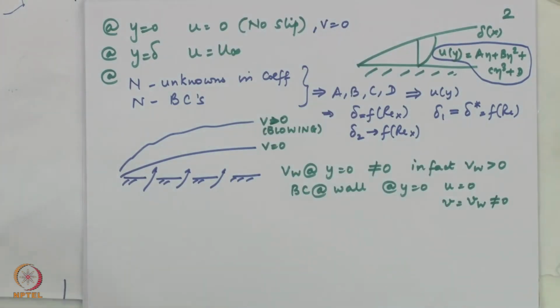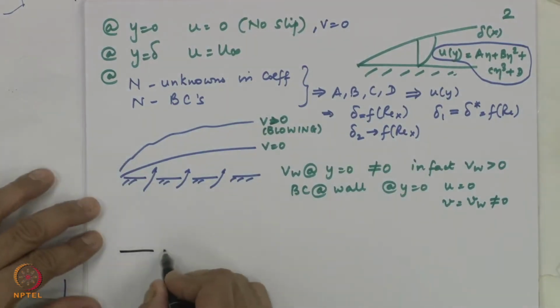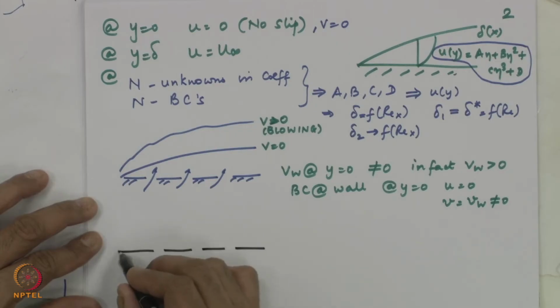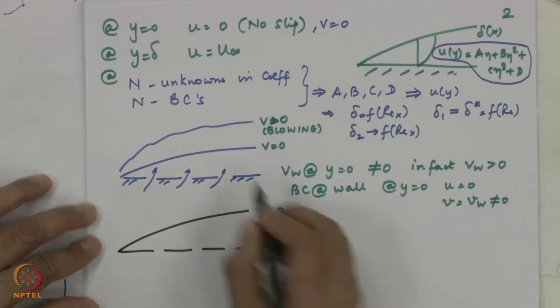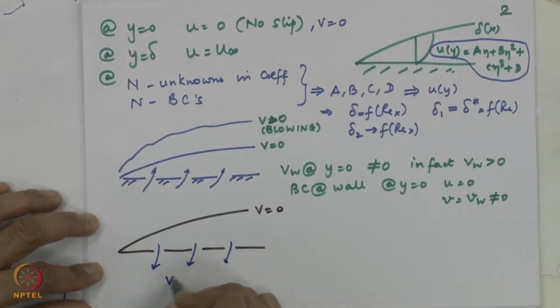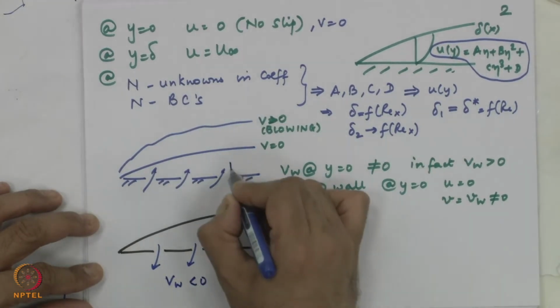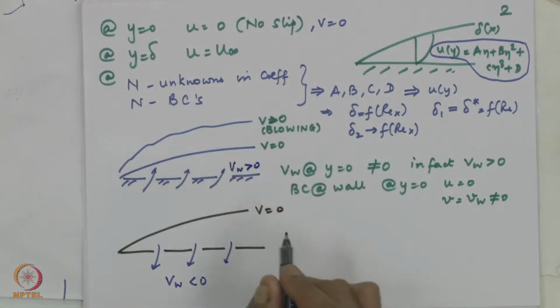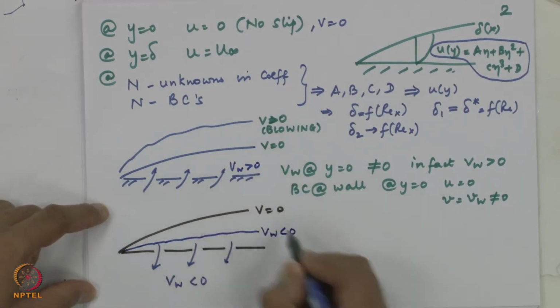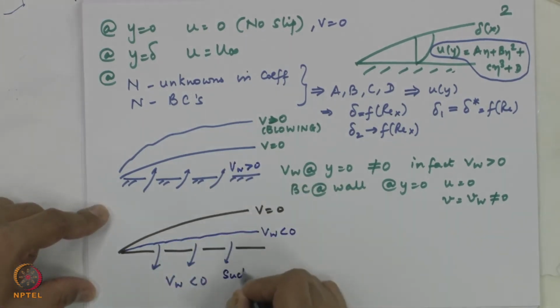Suppose I have a problem where I want to reduce the boundary layer growth, I want to reduce the resistance to heat transfer. So, this is with V equal to 0, and if I suck out the working fluid with a negative velocity, then my boundary layer is going to become thin. This is called suction.